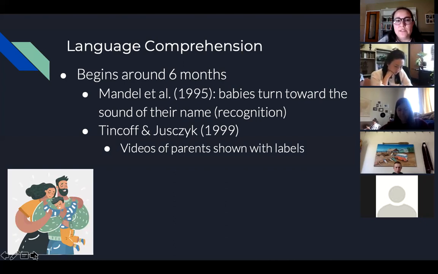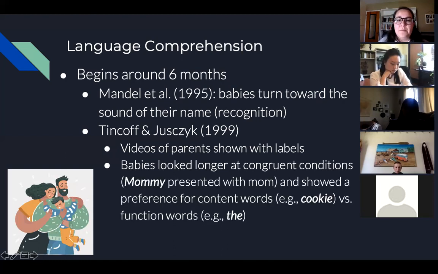And so there is this study by Tincoff and Jusczyk in 99 that showed a baby two videos side by side. In one of the videos, the baby saw its mom, and in the other video, its dad. And then the baby heard the words mommy or daddy. What these researchers found was that the babies looked longer at the video of their mom when the word mommy was presented.